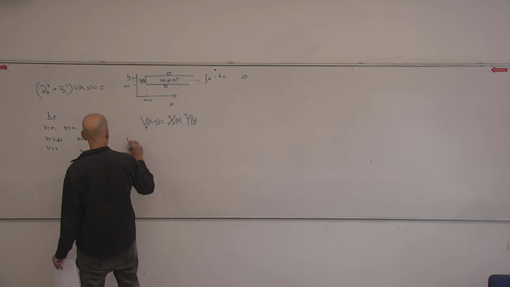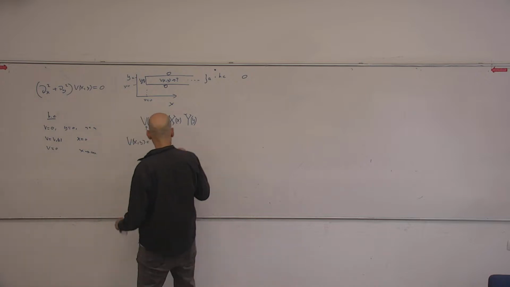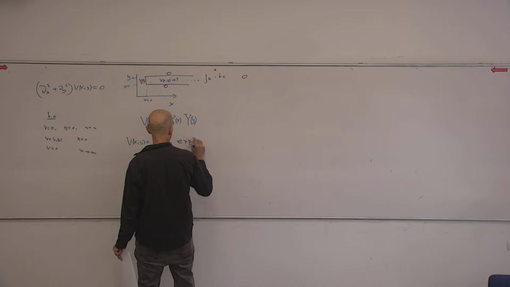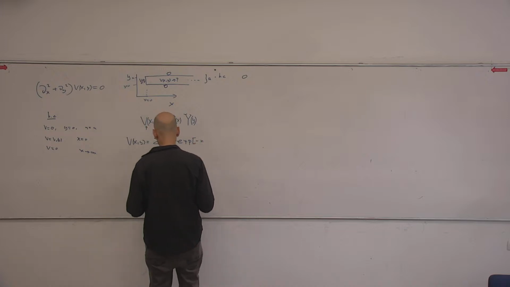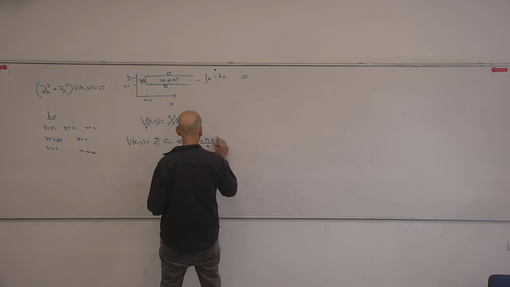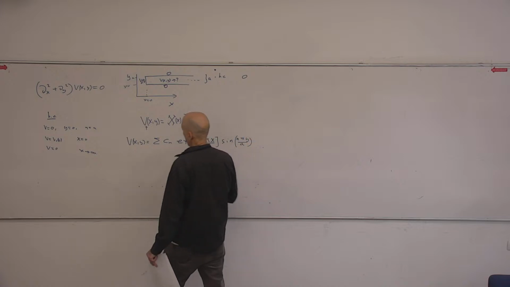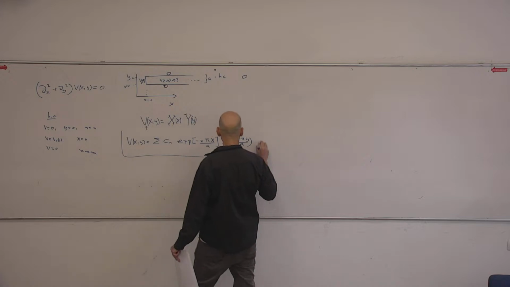I'm just going to write it: V(x, y) equals C_n, some coefficients, times exponential of minus n pi x over a, times sine of n pi y over a. The goal here is not to derive this.